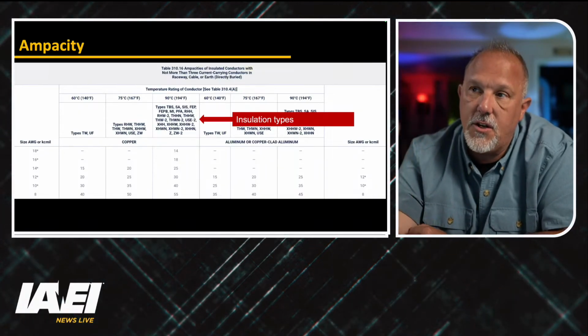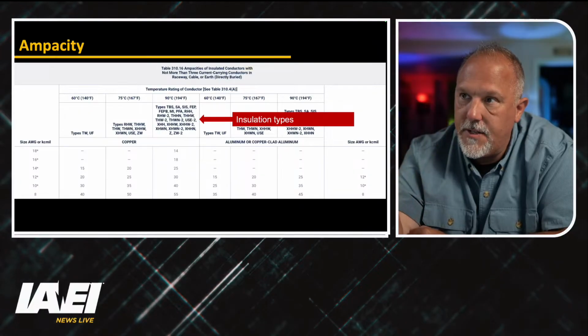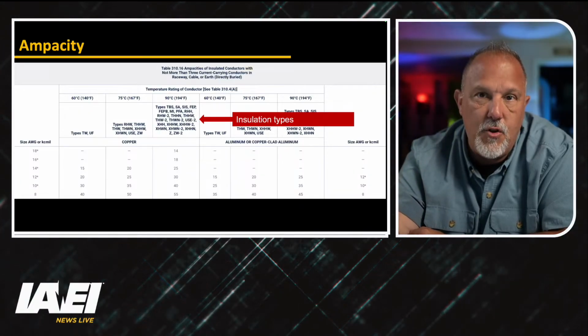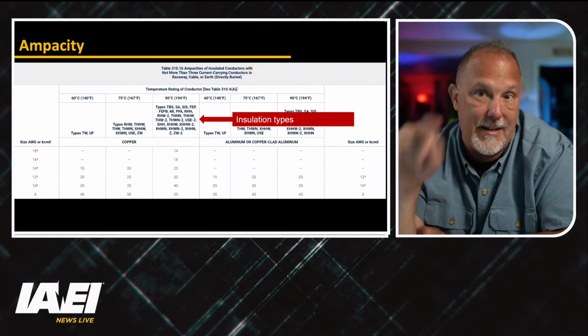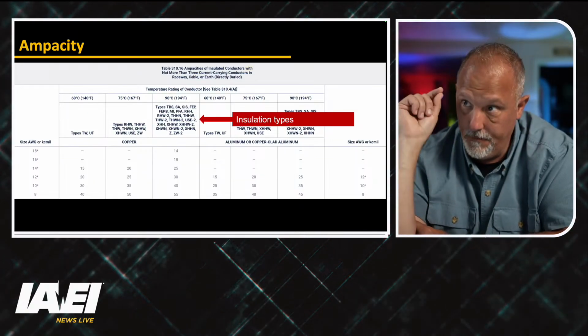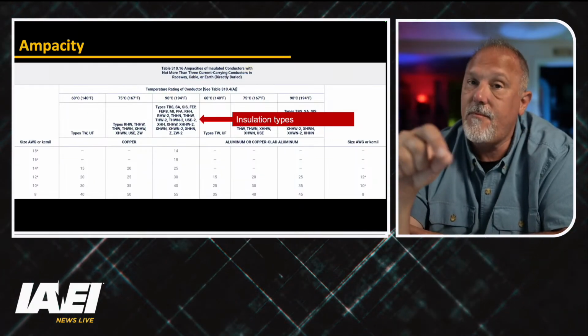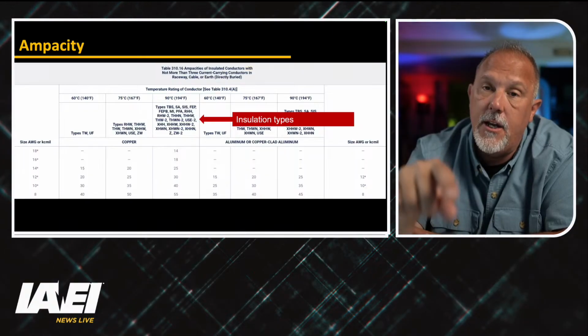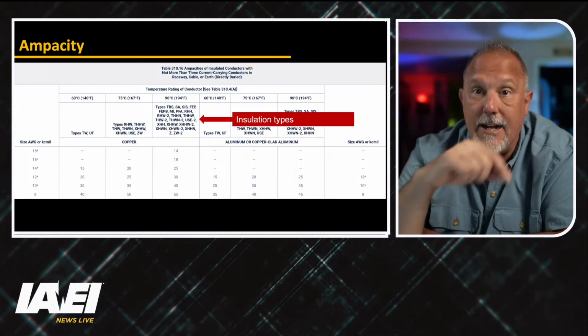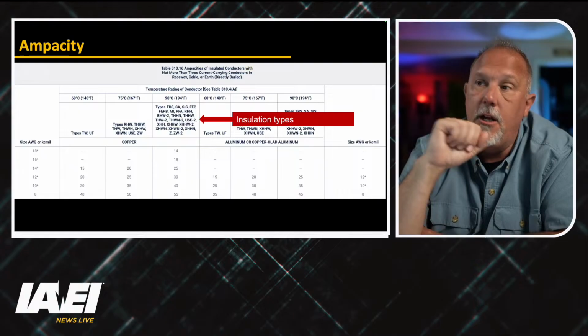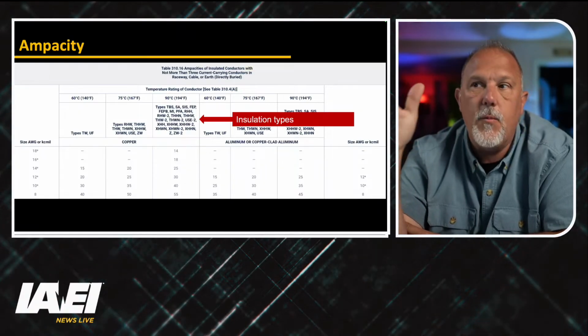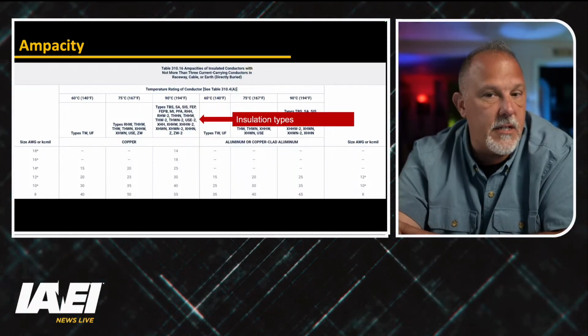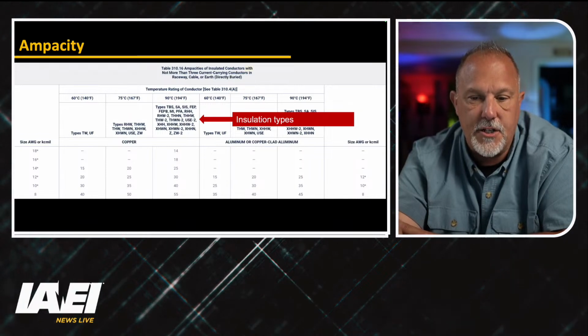So now I know I have a 90 C common, and I have THHW, but when I go back to that table, I'll recognize that THHW has a 75 C when it's in a wet location, 90 C when it's in a dry location. So you've got to be careful when using these insulation ratings. You've got to understand the application.